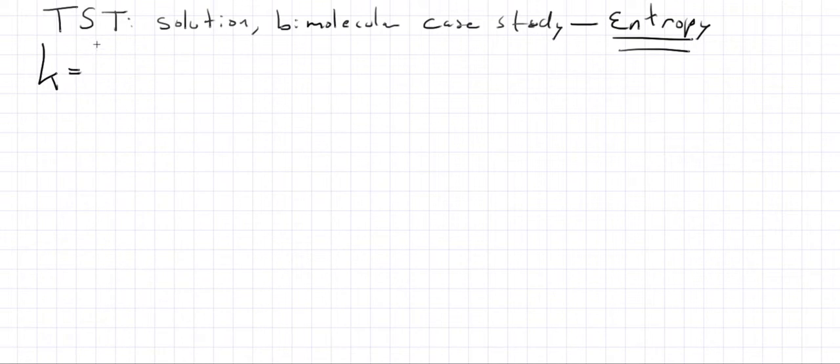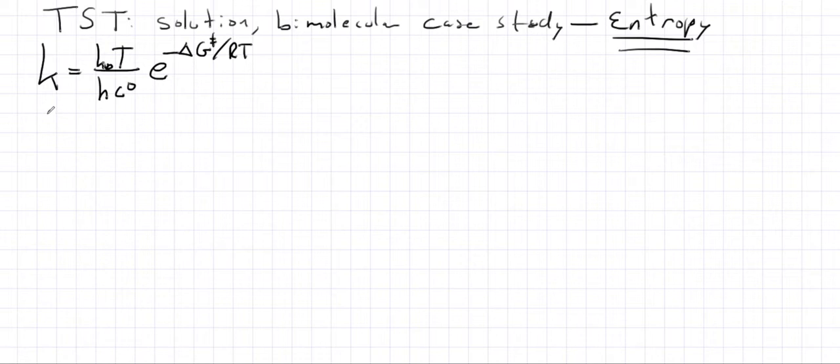We said k is equal to kT over hc° e to the minus delta G double dagger over RT. And we can split this once again into an entropy term and an enthalpy term.